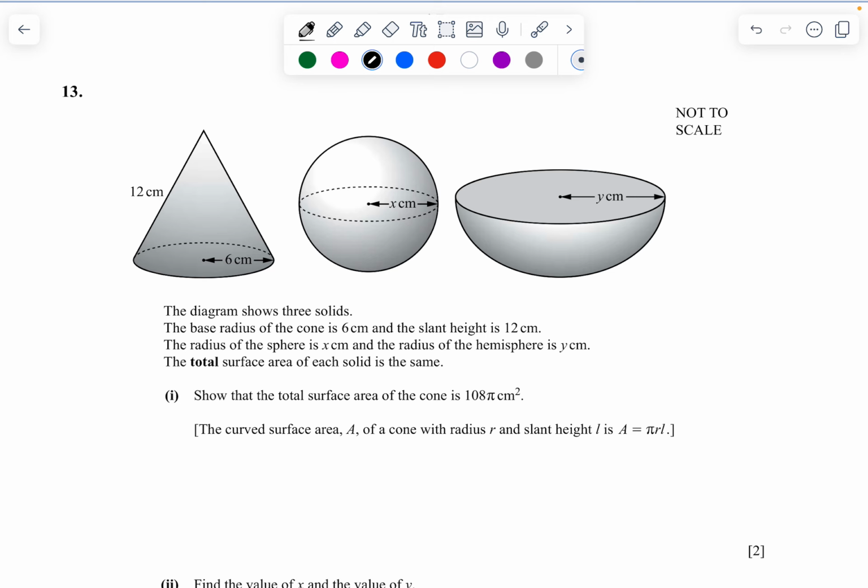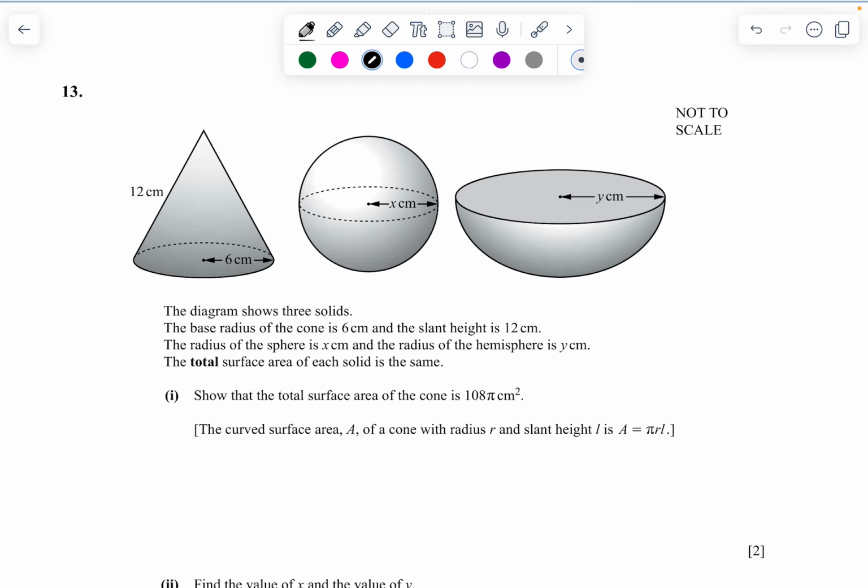The radius of the sphere is x, and the hemisphere has a different radius. The total surface area of each solid is the same. Show that the total surface area of the cone is 108 pi.